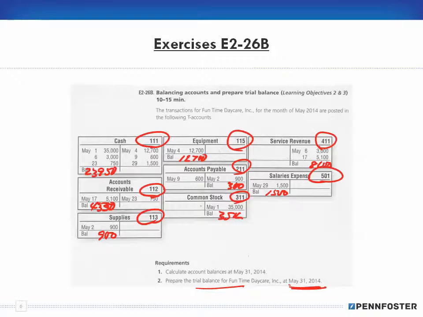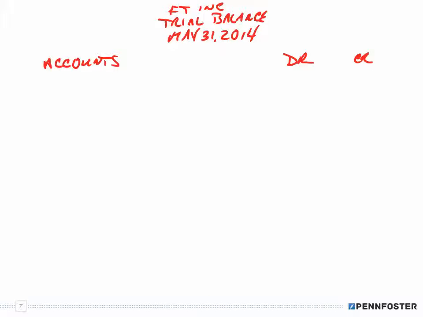Now, as a trial balance, I have an option of actually putting the account number. What was the account number for cash? 111. I could put the account number 111 here, then cash, and whatever that balance was.